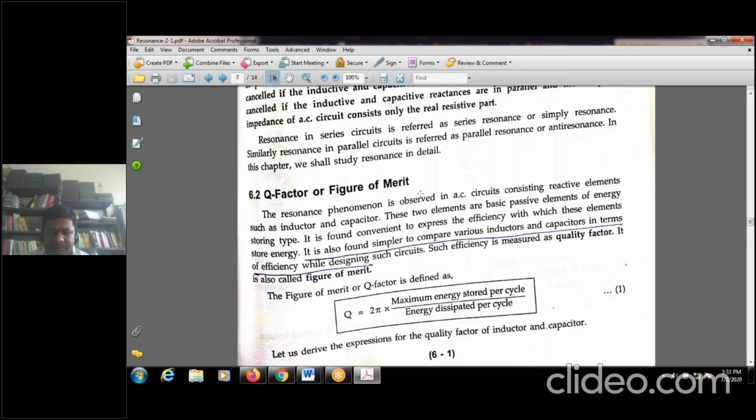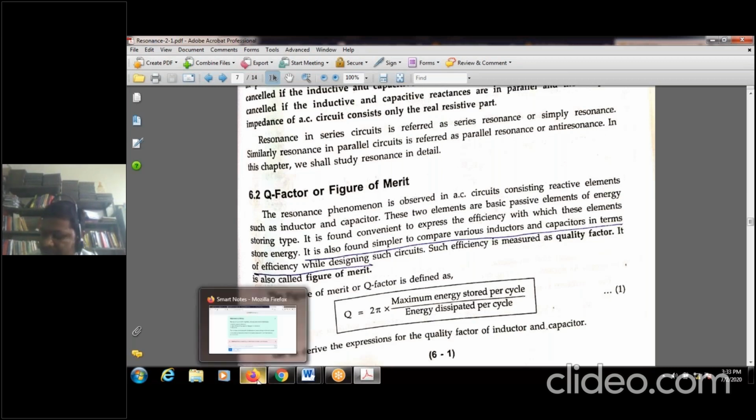What is meant by Q factor or figure of merit? Already we know inductors and capacitors are able to store energy. Then how do we find the performance of the resistor, capacitor and inductor in terms of their efficiency? There is one parameter known as the quality factor or figure of merit.